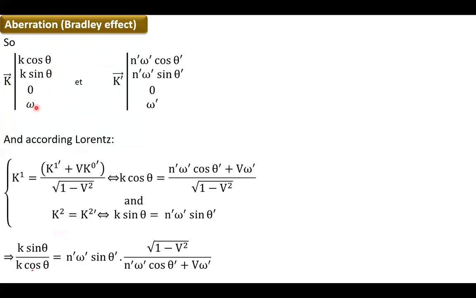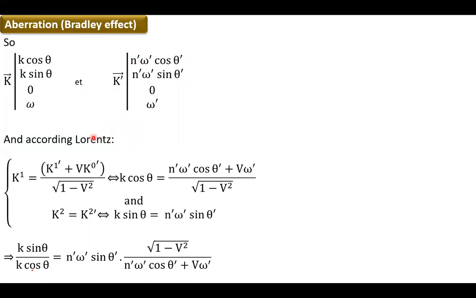The fourth coordinate is omega. And K prime is N prime omega prime cosine theta prime, N prime omega prime sine theta prime. So the measure is the same, N prime omega prime, 0 on Z and omega prime on the time axis.